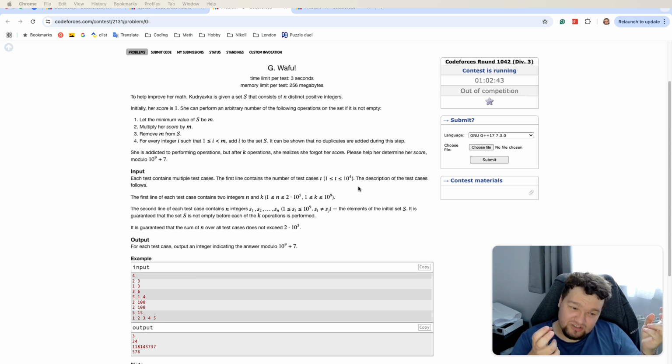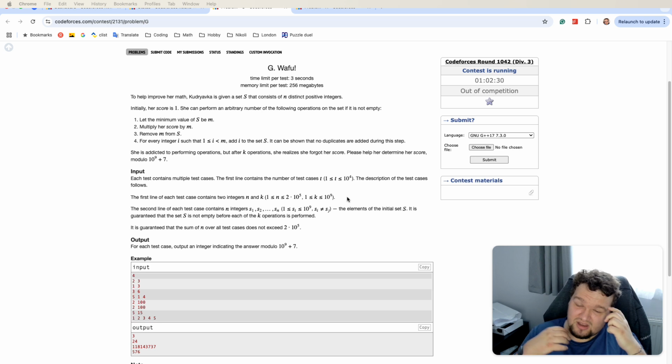How many operations will there be? We need that because we need to process exactly k operations, and also what is the product of everything by which we multiplied the score.